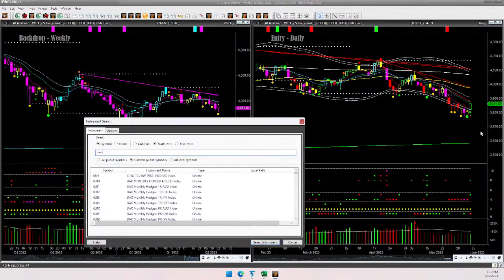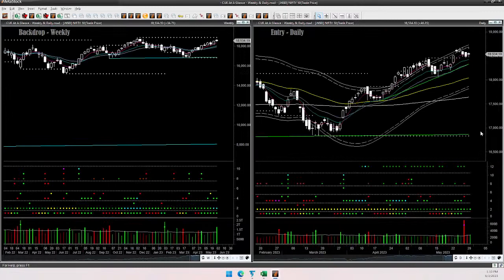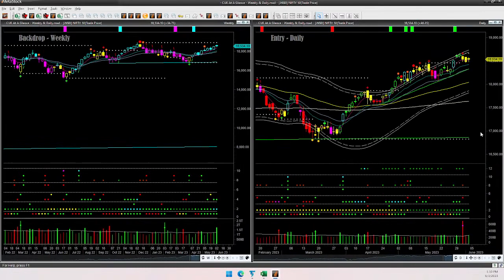Next, India's Nifty 50 index. Here also the weekly is going up. The backdrop color is bullish for 9 straight weeks. 9 straight weeks.